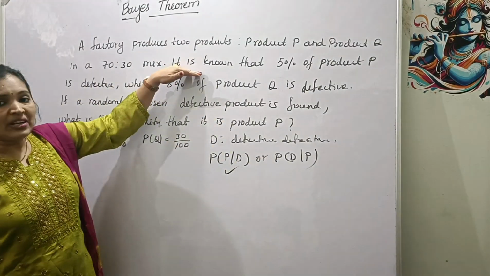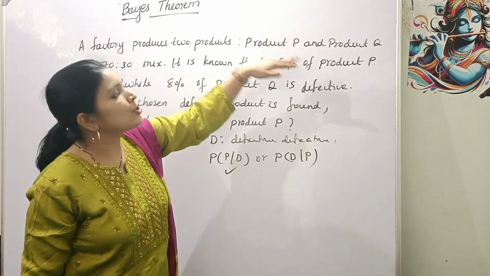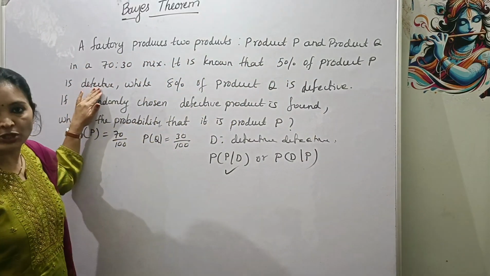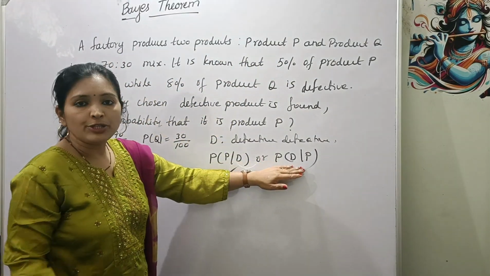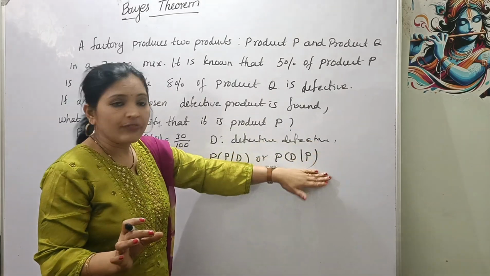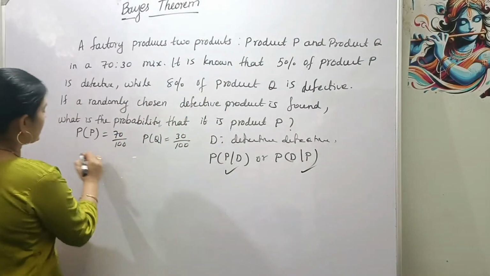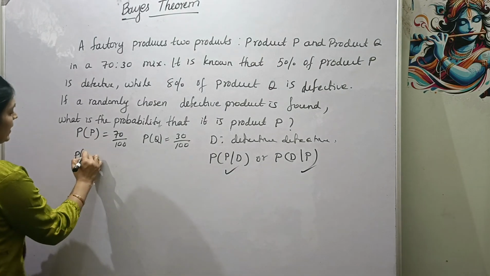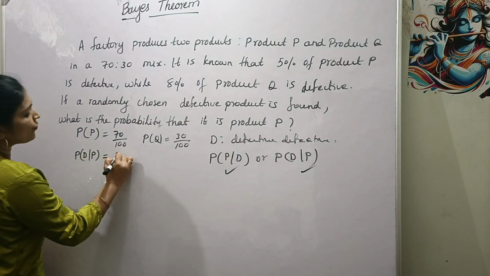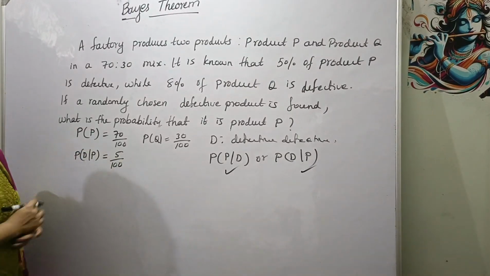So what is given? It is known that 5% of product P is defective. That is, probability of D given P is given. Probability of D given P is equal to 5%, that is 5 by 100.